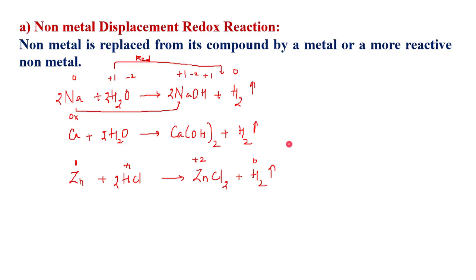If you take some other examples where oxygen also will be displaced, or some other non-metals will be displaced by a more reactive non-metal. The examples we saw were where a non-metal is displaced by a metal. Now we'll see some examples where a non-metal will be displaced by a more reactive non-metal, right?